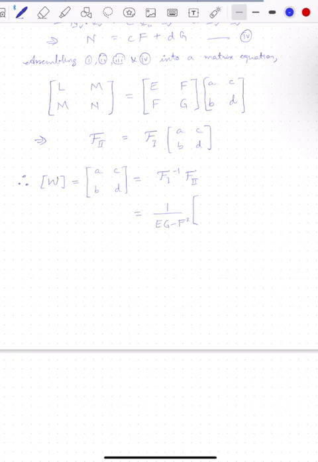The adjoint swaps E and G, and F becomes minus F, and again minus F, and G is E. So this is our inverse of F, and then we have L, M, M, N. And this is equal to 1 by EG minus F squared, and then we have GL minus FM, GM minus FN, and EM minus FL.